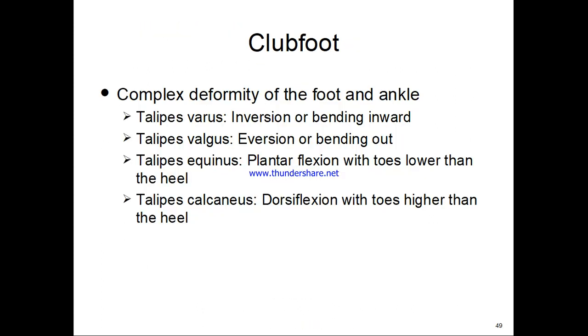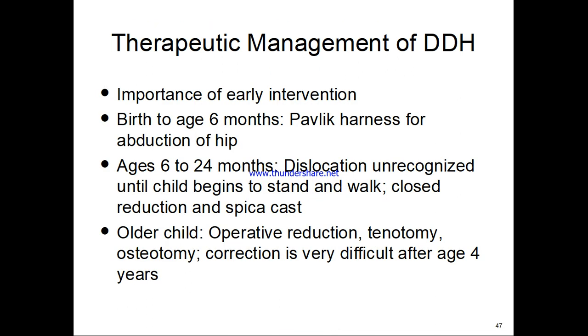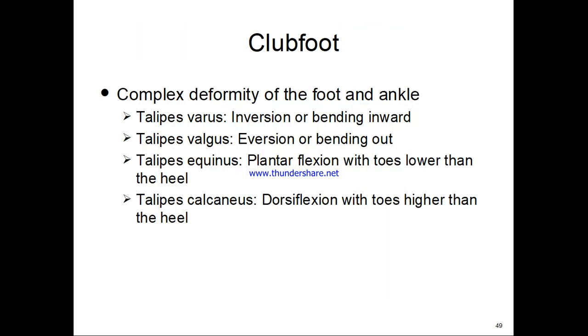I don't have an image of that, but it's very similar to the Pavlik harness, just in a cast with a bar connecting the thighs. In the older child, older than 2 years old, they're usually going to need some sort of surgical correction. And the warning there is that if they wait until after 4 years of age, it becomes much harder to correct.